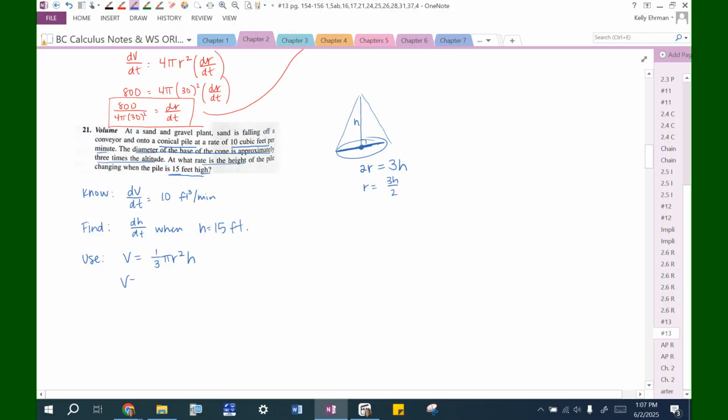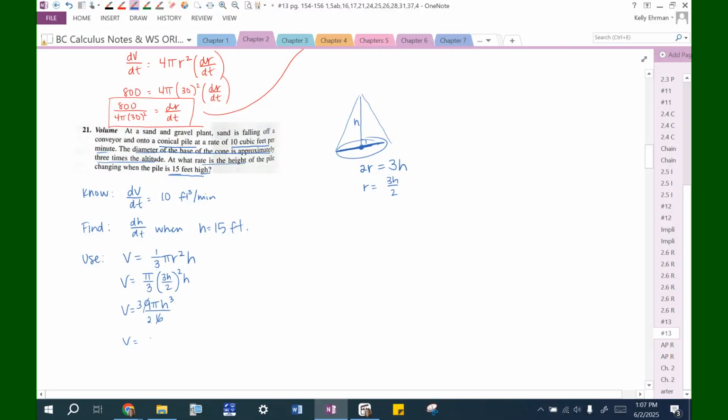All right, so volume is, let's just make this pi over 3 instead of 1/3 pi. Instead of r squared, it's 3h over 2 getting squared, and we're multiplying by h. So let's clean that up. This becomes 9h squared times h. So 9 pi h to the third over 6. And I should reduce the 9 over 6.